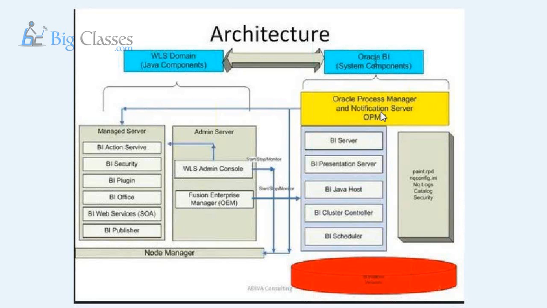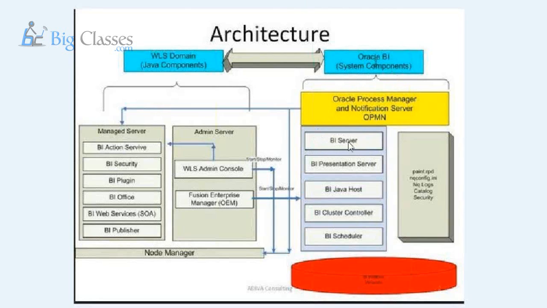This entire application exists in the WebLogic server, where all the Java components and jar files are contained. I will show you the WebLogic domain as well as the OBIEE components. As of now, remember OBIEE is divided into two types, the WebLogic domain and the Oracle BI system components. Majorly, if you see in this diagram, the BI server is one server.